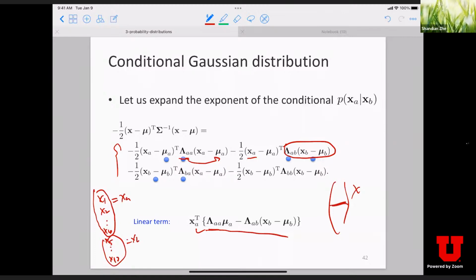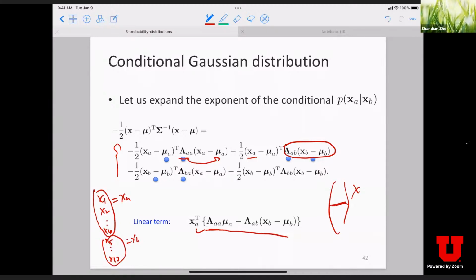The reason for doing so is that we want to find out which terms only involve XA and which terms have nothing to do with XA, because I want to look at the conditional distribution of XA given XB. If the terms don't contain XA and only contain XB, they are constant with respect to XA.